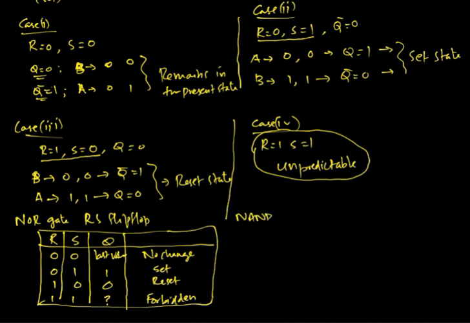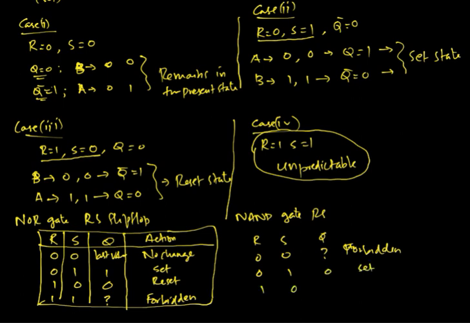Now if you consider the same thing for a NAND gate, I am not going to discuss it here. You can go through the same procedure which we have used for the discussion of a NOR gate. You can see that when R and S are 0, the Q value will be unpredictable, so it goes to the forbidden state. When R is equal to 0 and S is equal to 1, it is the set state, Q is equal to 1.